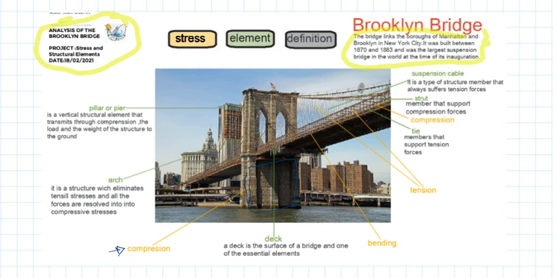Normally we call this element a tower, okay? And it's made of two arcs. And you see, these are two arcs. So you have to say that they are arcs, okay? Arcs are always working also under compression.